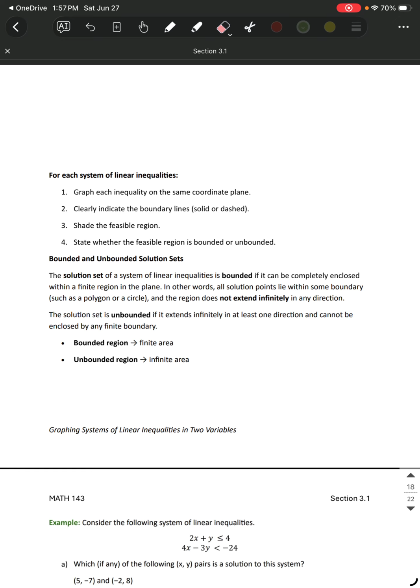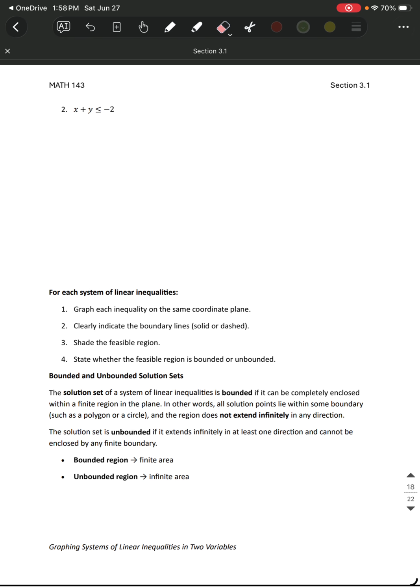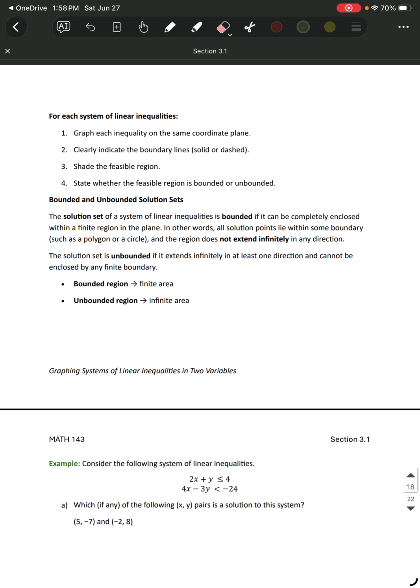So far we have graphed only one inequality. So for systems of linear inequalities, we wanted to graph two inequalities together, right? As we did with the system of equations, where we had more than one equation. Okay, let's see.